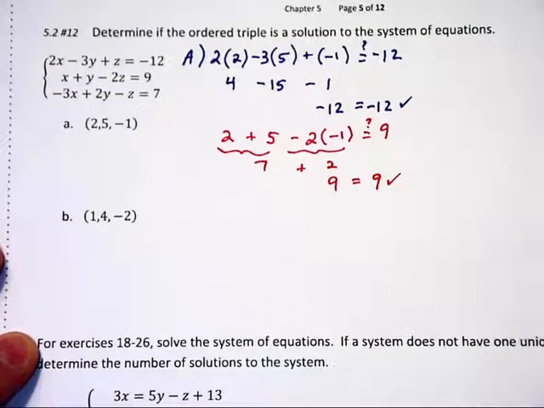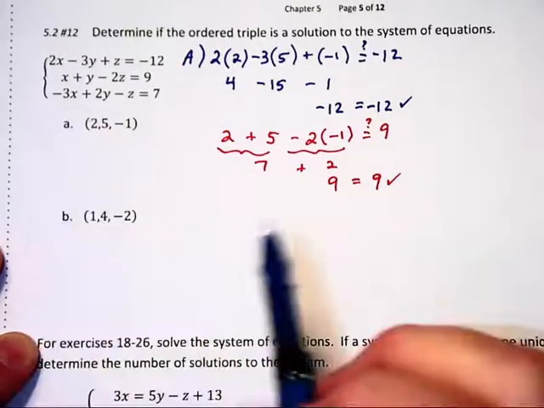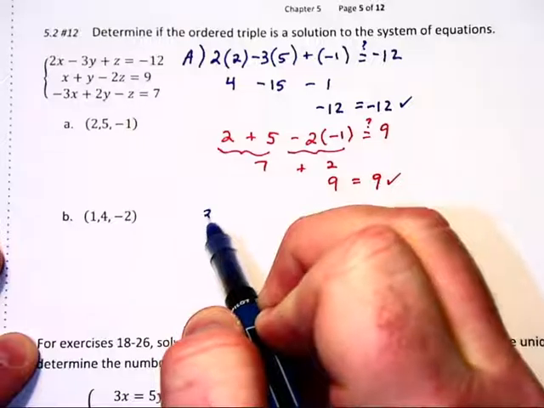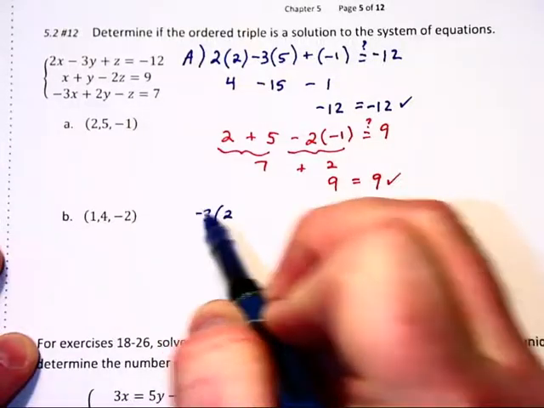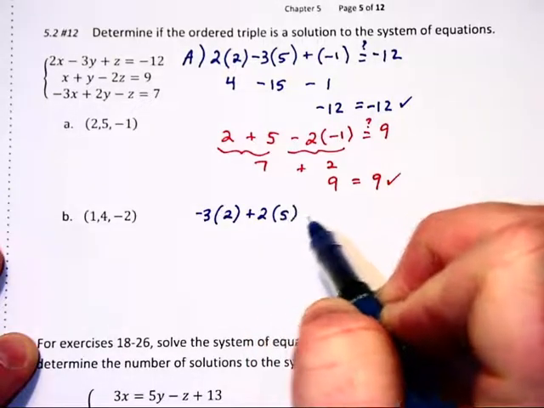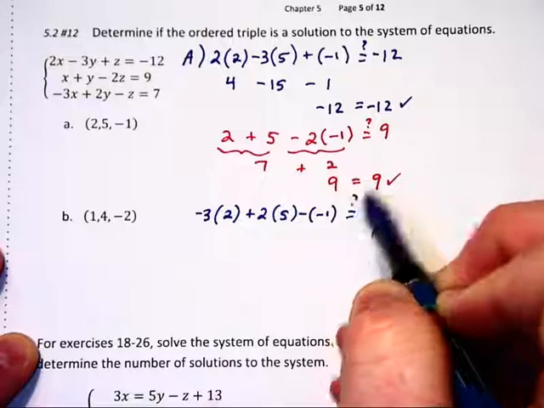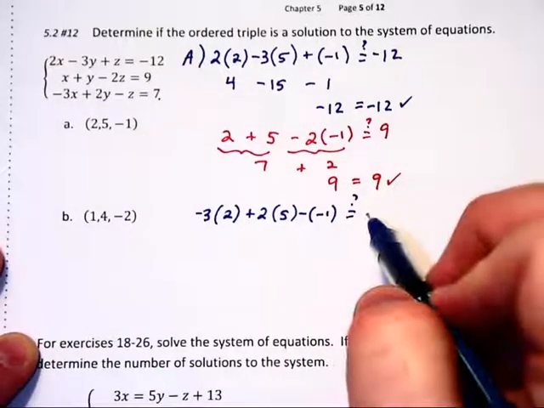Now let's take the (2, 5, -1) and substitute it into the third equation. We will have -3 times the 2, plus 2 times the 5, minus z, that's minus a -1. Is that equal to 7?